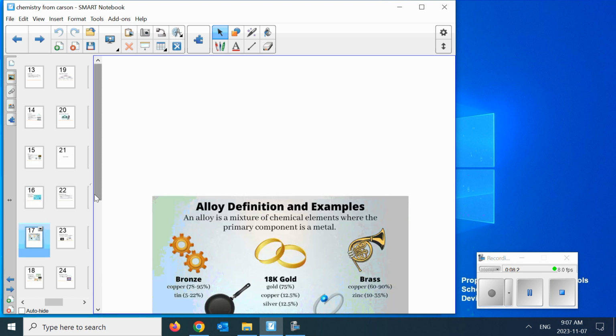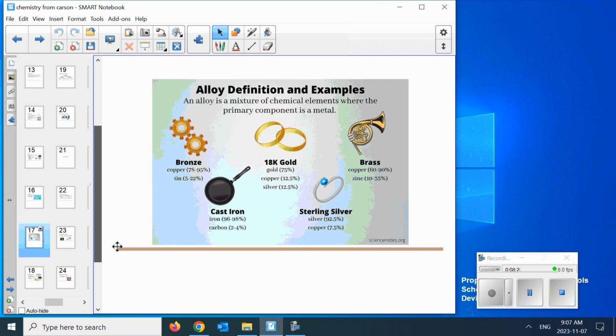Heterogeneous mixtures coming up. Or, oh, not coming up. Alloy. Oh, here we go. 18 karat gold. Well, 18 out of 24 is 75% gold. Then there's copper, and then there's silver sometimes mixed in. I see. Brass, it actually gives you some examples. Sterling silver is really high in silver, 92.5% silver, with some copper mixed in.